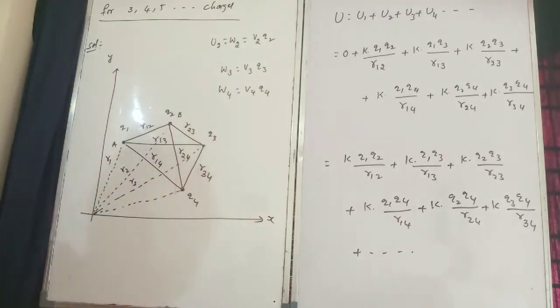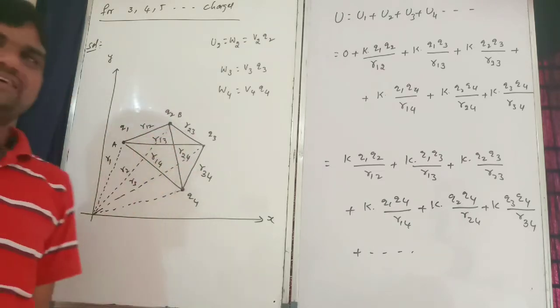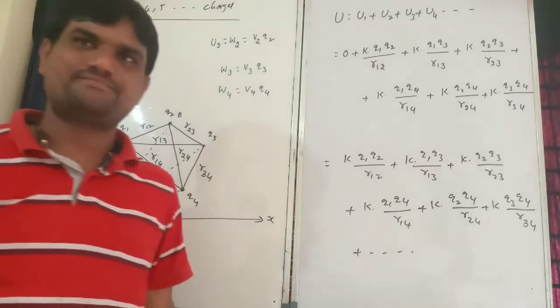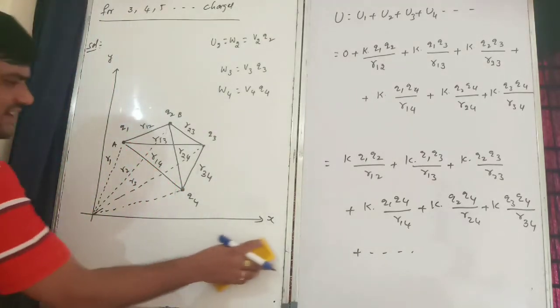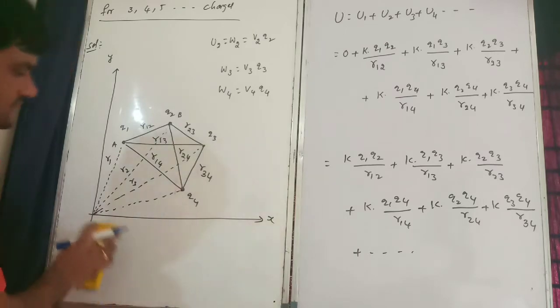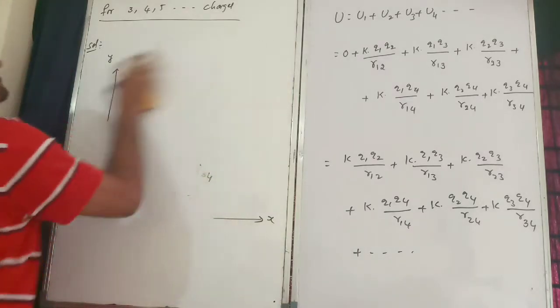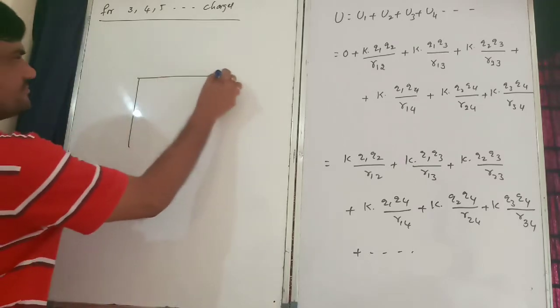What is the shape? Quadrilateral, triangle, square, anything you want to consider. Can I draw a diagram? So for example, a square will be there.